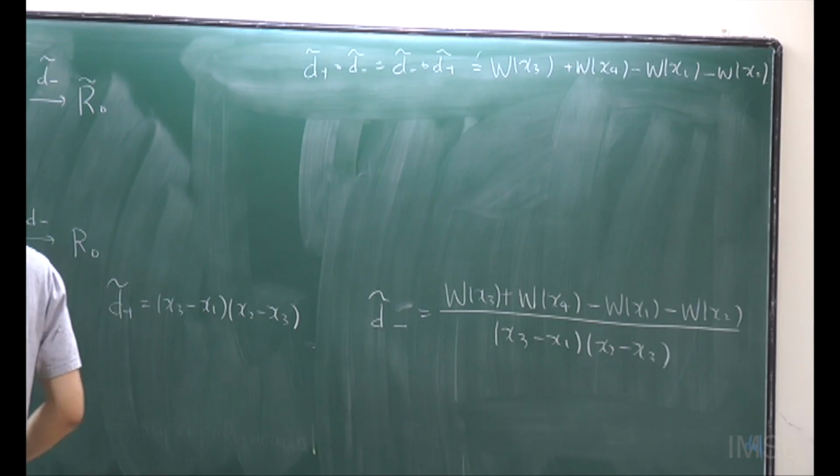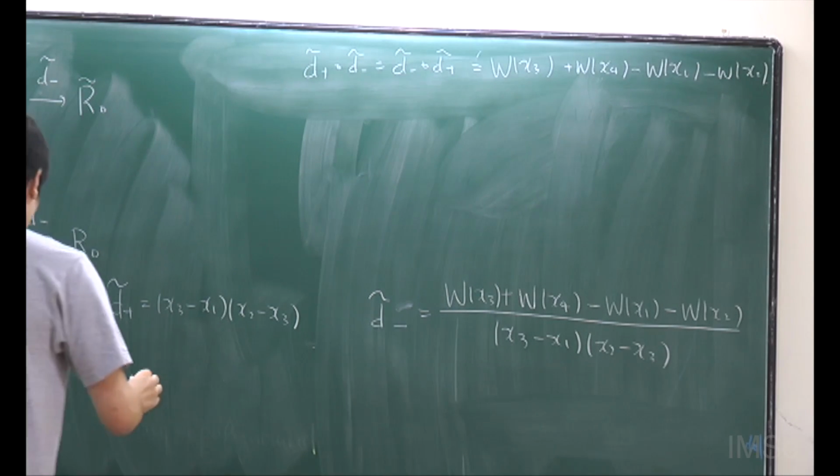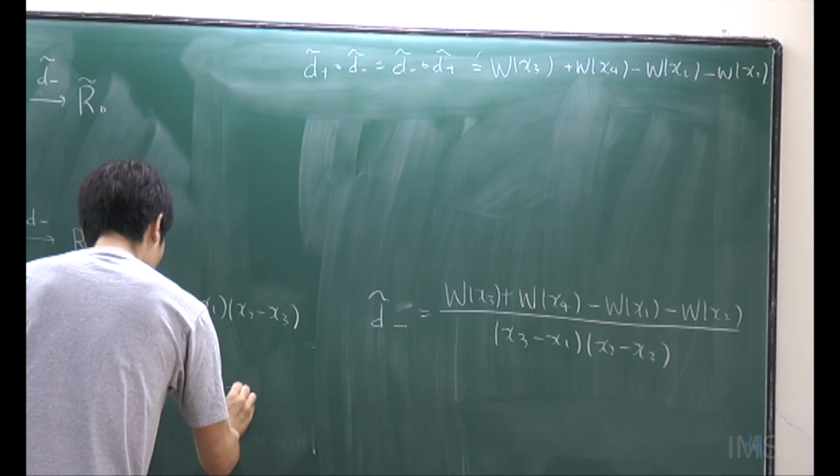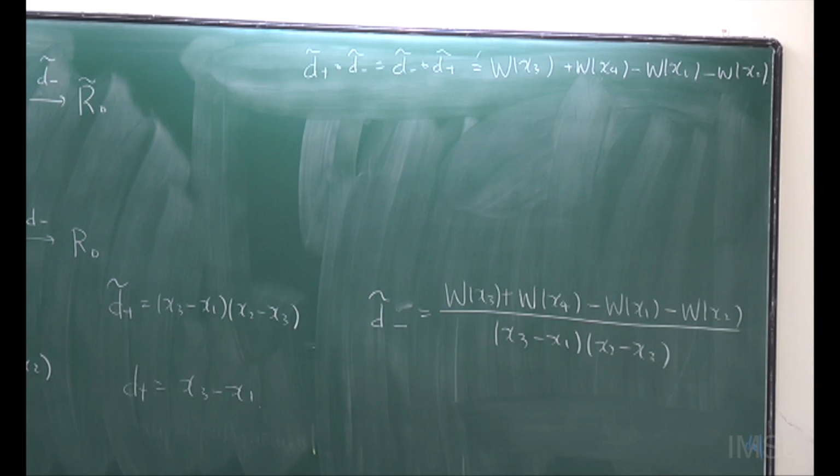Now furthermore, as you can easily see, you just assign x1 and x3, and x2, x4. So this resolution can be just put as D plus, x3 minus x1. So you just assign x1 is the same as x3.